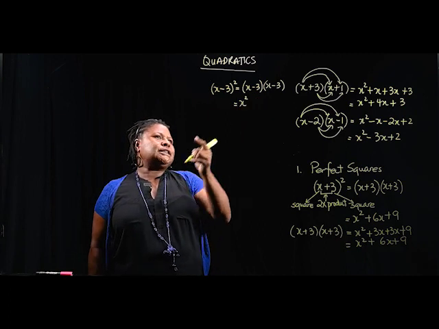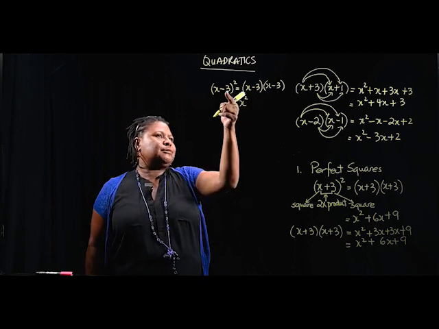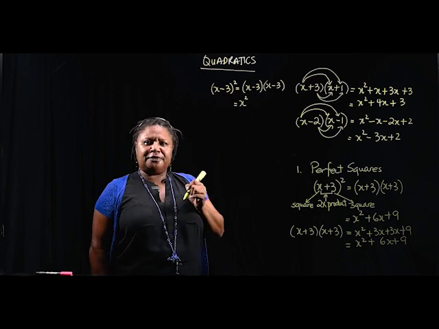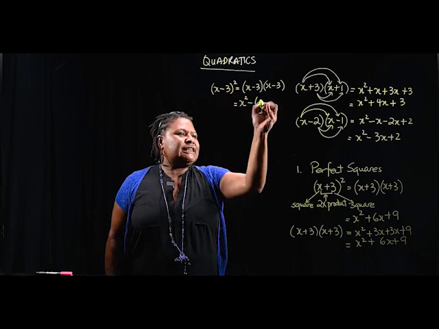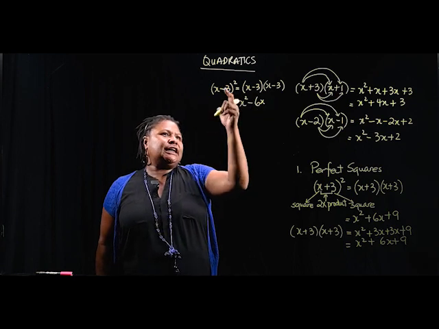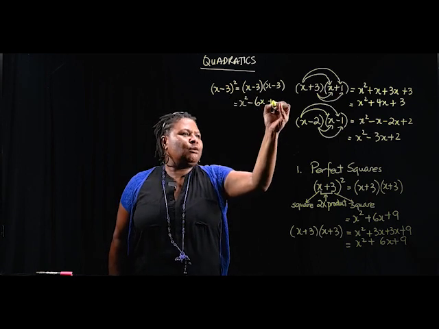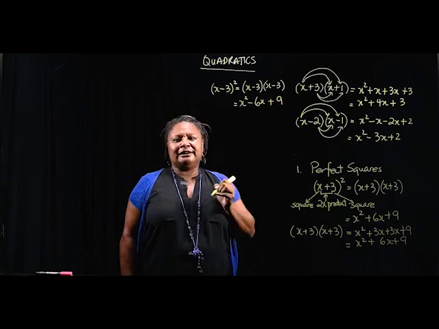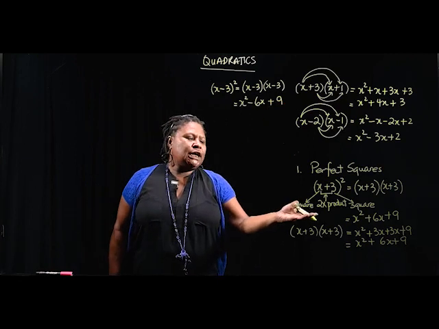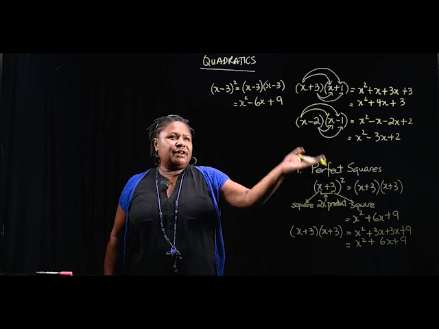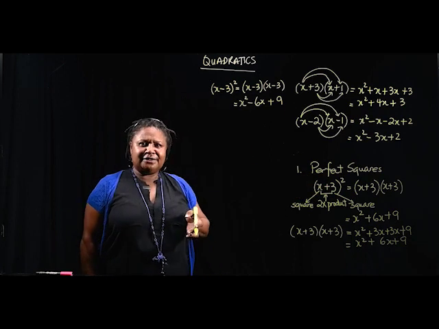Twice the product: x times negative 3 is negative 3x, multiplied by 2 will be negative 6x. And negative 3 squared will be positive 9. So you can apply this general rule if the binomial is positive and even when it is negative.